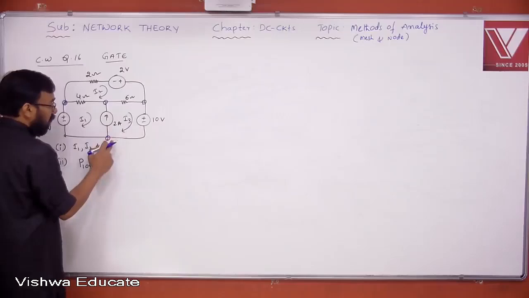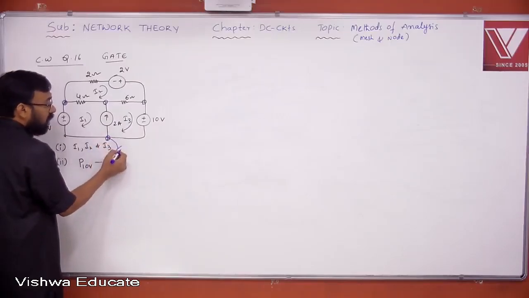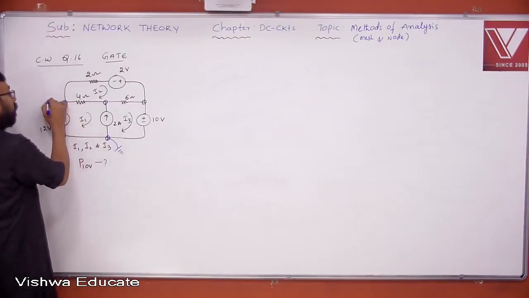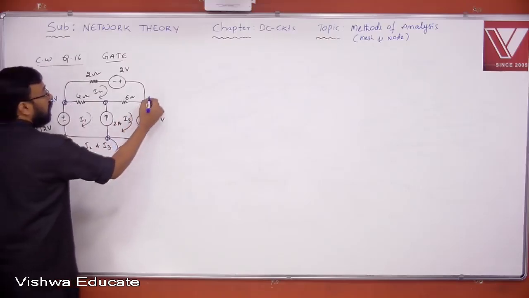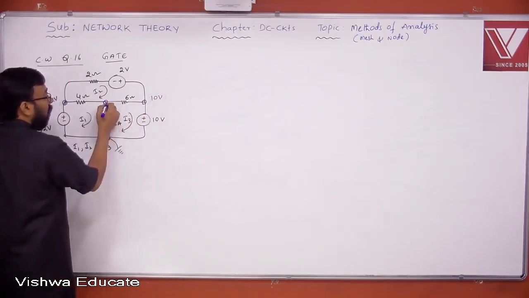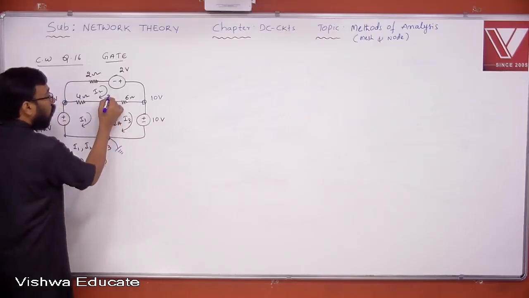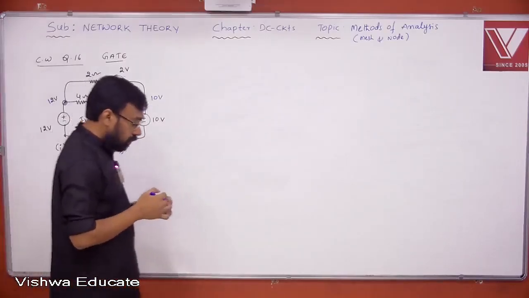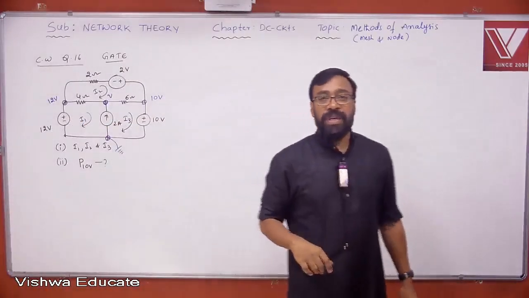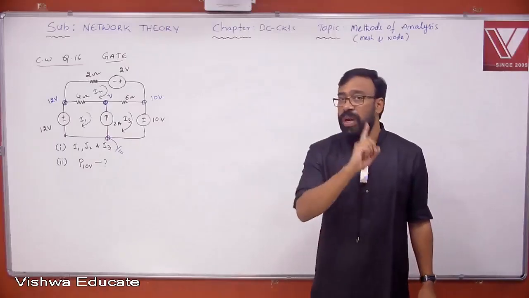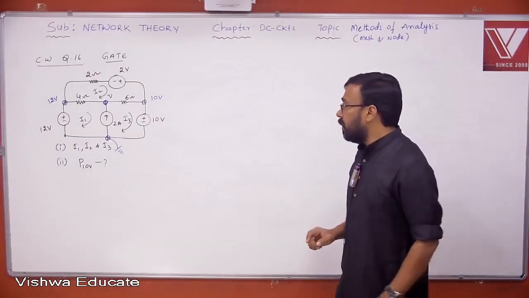When these two are sharing a common node, better you select this node as the reference node, so that immediately you can confirm this is 12 volt and this is going to be 10 volt. Out of these 4 nodes, 3 nodes are defined and this is the only node which you do not know. The minimum number of equations required to solve this network is only 1. Yes or no? Now let us solve it.